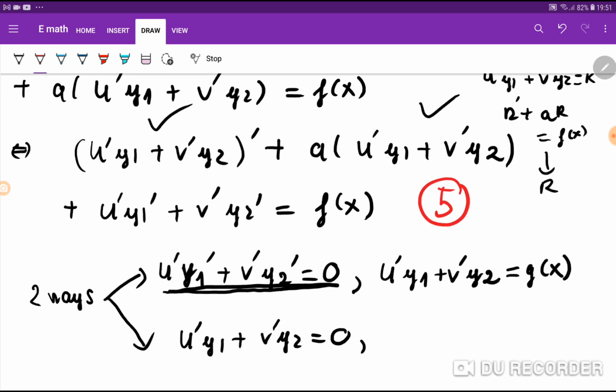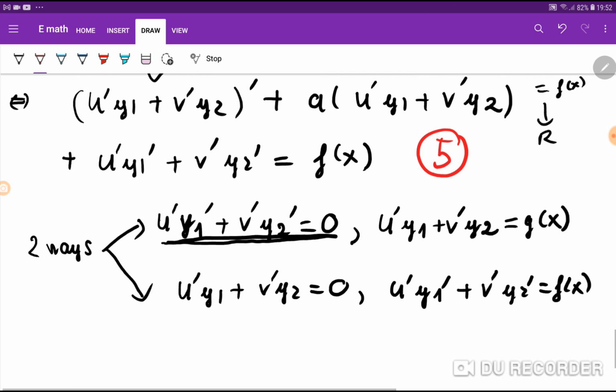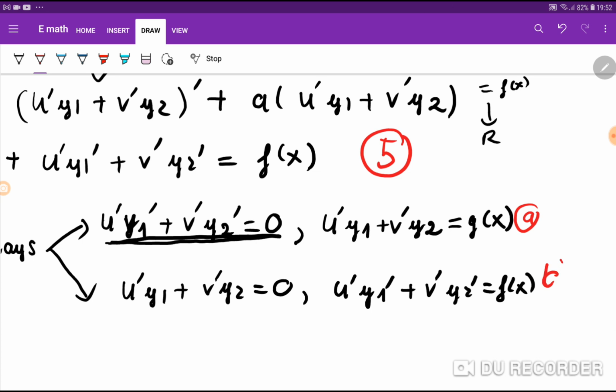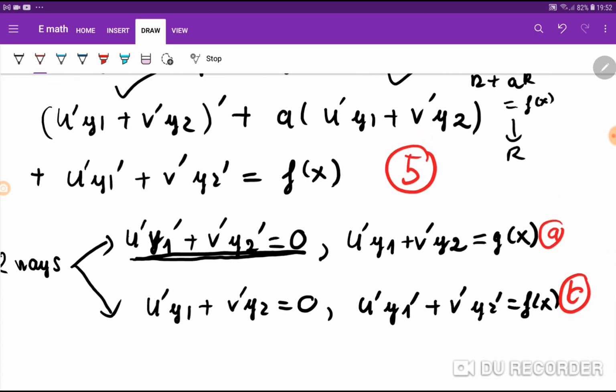They plug into equation 5, they will get u prime y1 prime plus v prime y2 prime equal fx. Okay, so we know the result. The final decision they make is, let's say this is part A, this is part B. They finally make the decision to go with part B, okay?